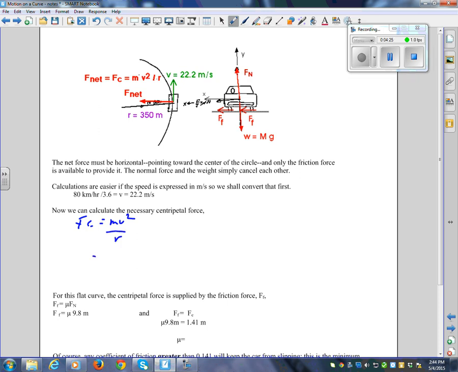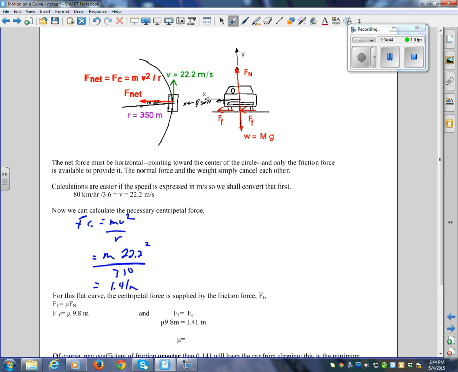All right. So, do I know the mass of this car? I don't. Is that going to be a problem, do you think? Yeah? So 22.2 squared divided by 350, and you end up with 1.41 m/s².